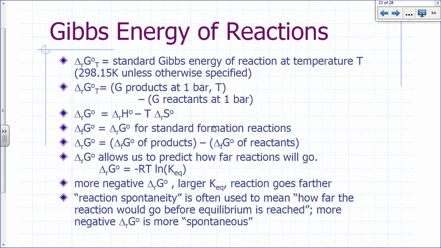Okay? The standard Gibbs energy of reaction is defined as just the standard Gibbs energy of the products minus the standard Gibbs energy of the reactants. So that means whatever the Gibbs energy is of the products at 1 bar at that temperature, minus the Gibbs energy of the reactants at that temperature at 1 bar.